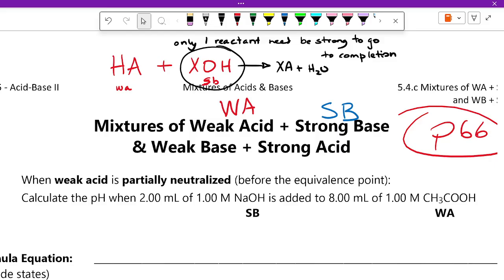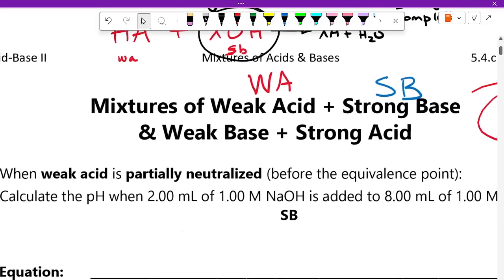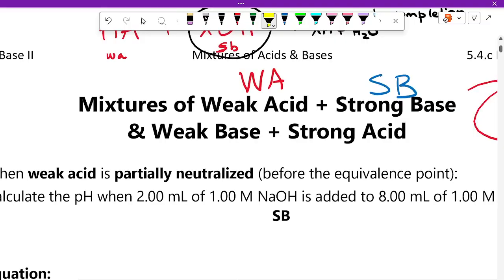But this one, when a weak acid is partially neutralized and we are before the equivalence point, because when we hit the equivalence point, the acid is completely neutralized, yes? And after that, we're going to have excess base.